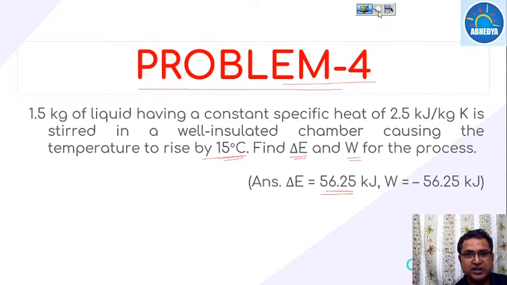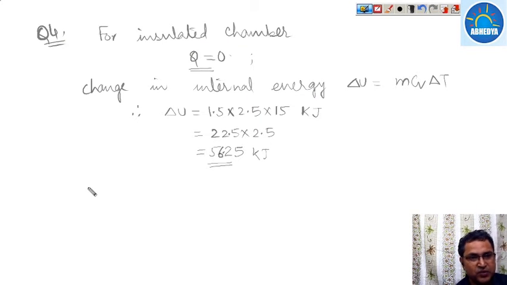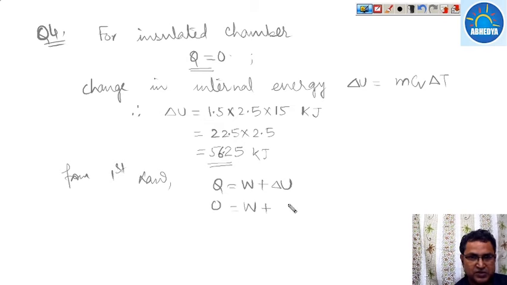And what is the work done? From the first law, Q equals W plus delta U. Since Q is equal to 0, W plus delta U, whose value is 56.25. So how much is the work done? Minus 56.25 kilojoule.